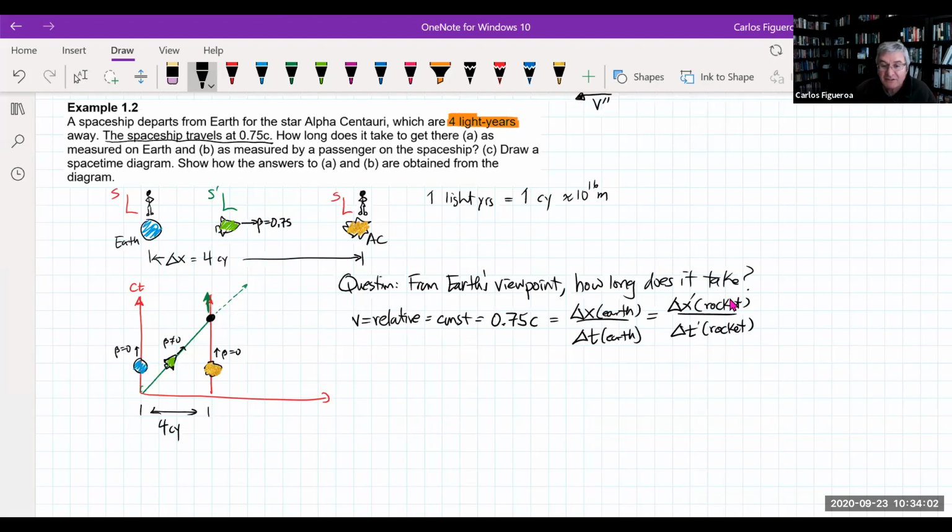And the beauty of this problem is that we know that distance right there. This is known. And because this is known and I know what the relative velocity is, I can instantly calculate what the time is relative to Earth.